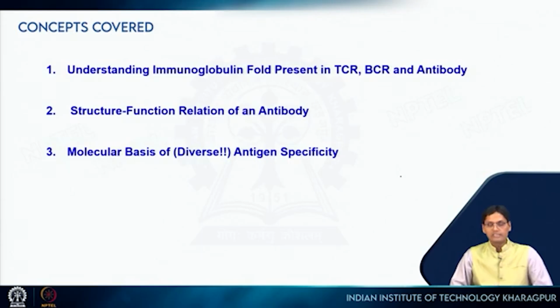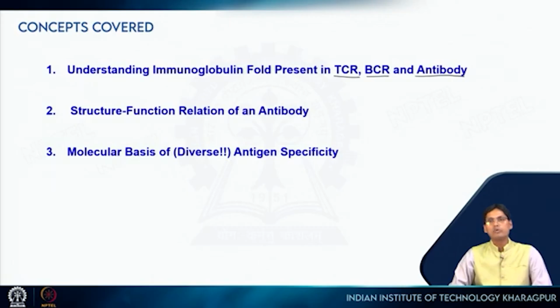Today, in this lecture, I will be discussing a little bit about the mechanistic understanding of how some of those things happen. Particularly, I will focus on understanding the immunoglobulin fold present in the T cell receptor, B cell receptor and antibody. I will also discuss the structure-function relation of an antibody.